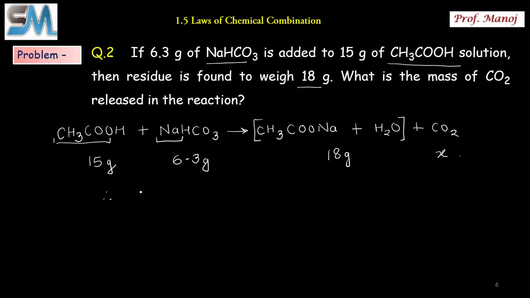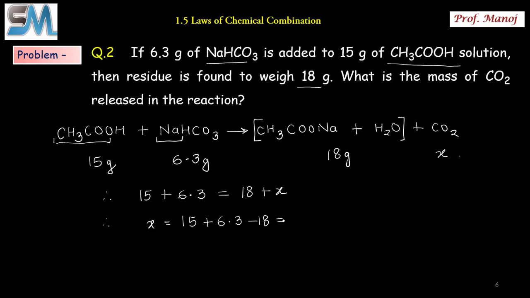So I hope now you can understand this. Mass of acetic acid plus mass of NaHCO3 equals this 18 plus mass of carbon dioxide. So X will be equal to 15 plus 6.3 minus 18.